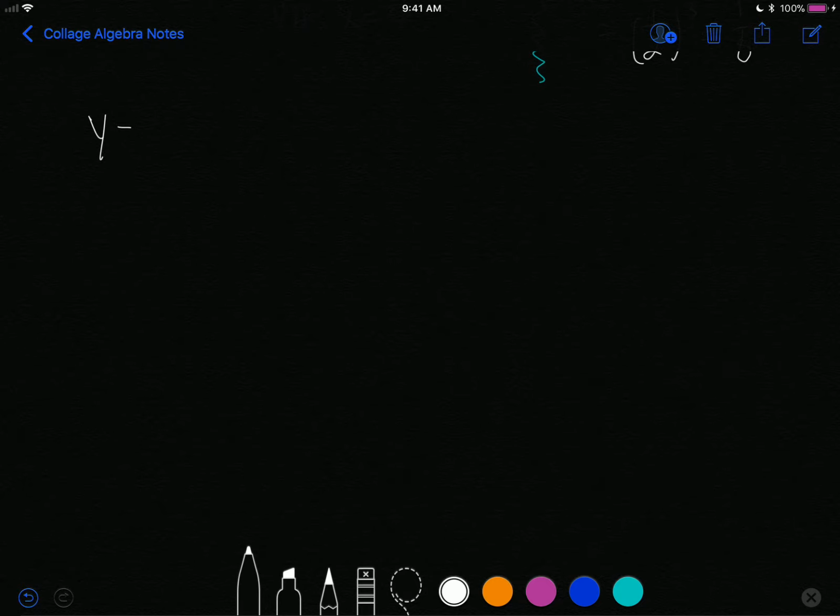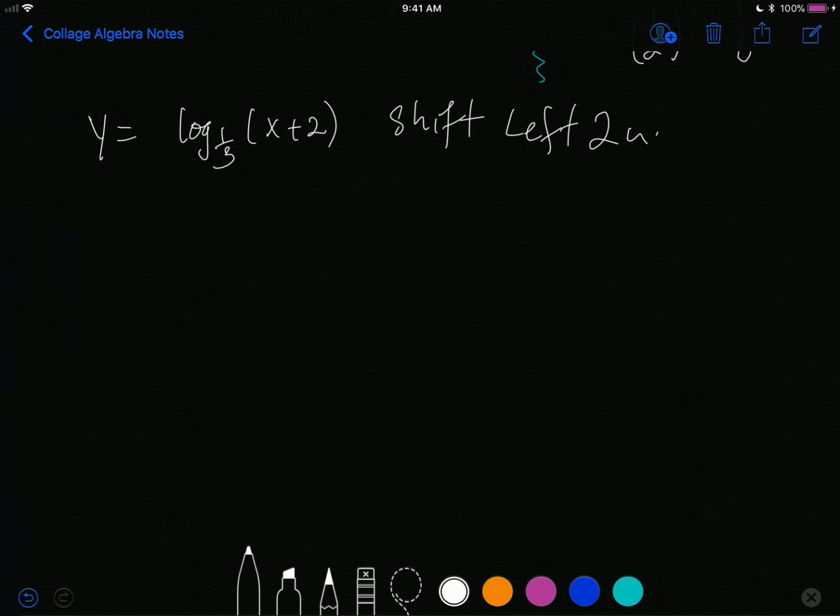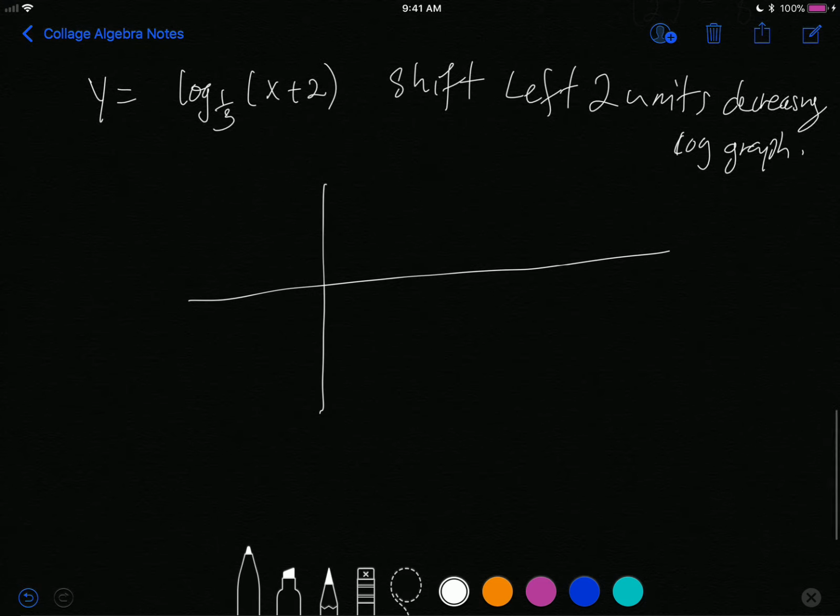So let's say I have y is equal to log base 1/3 of x plus 2. This is a shift to the left 2 units of the decreasing graph. The original decreasing graph looks like this.